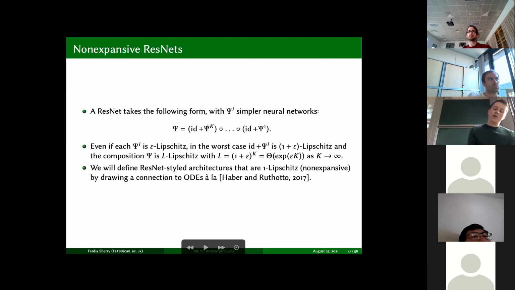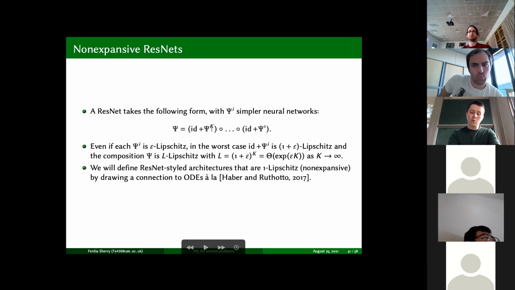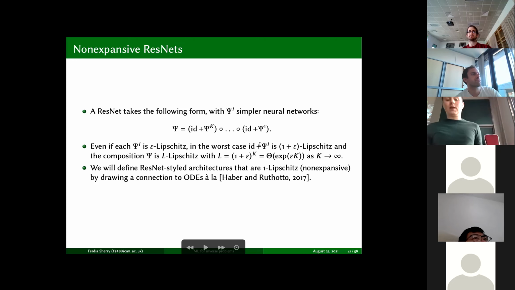And so if you try to apply this spectral normalization approach to make a Lipschitz ResNet, it sort of doesn't work, in that if you use spectral normalization on each of these smaller networks, you're going to end up with this being only guaranteeably 1 plus epsilon Lipschitz, and your Lipschitz constant growing exponentially with the depth of the network.